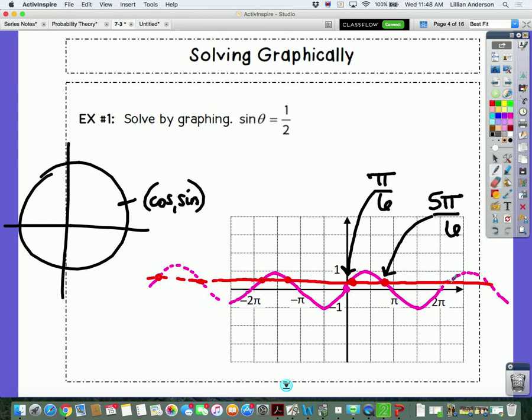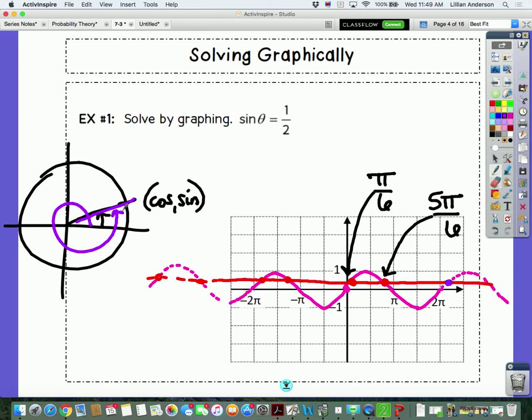It doesn't happen again until it passes 2 pi and then hits again here. This is the same point that this is, just after one full revolution. Does everybody understand that? Here is pi over 6, and this point right here that I'm going to label in purple is the same angle, just gone around one more time.